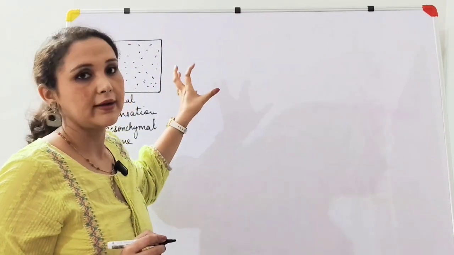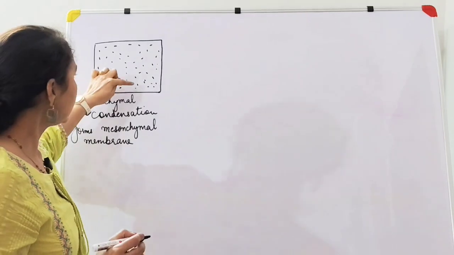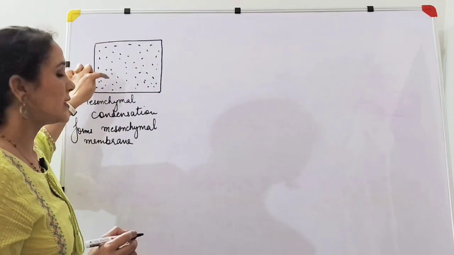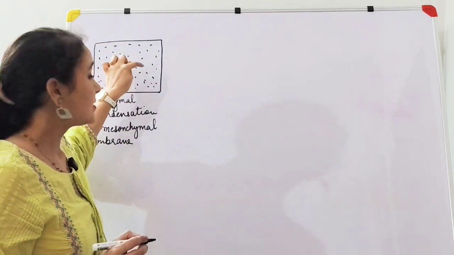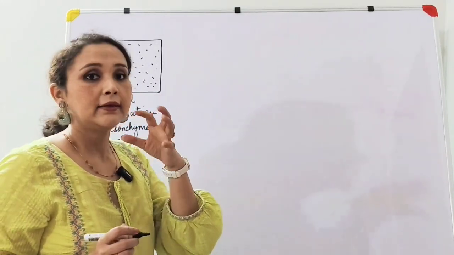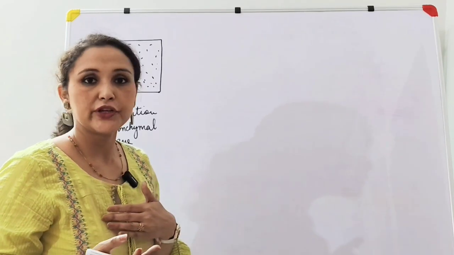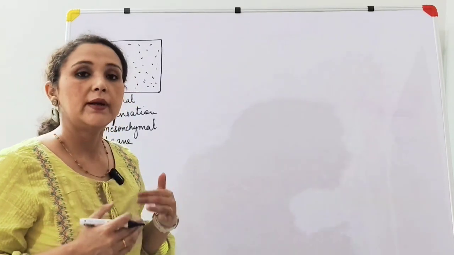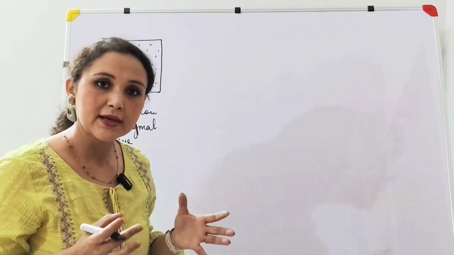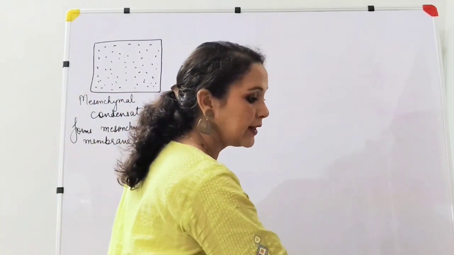Now how will the cartilage form? This is the mesenchymal membrane formed. Now in the area where the bone is going to form, that means the outline of the bone is going to form, what will happen? The mesenchymal cells there, they have the capacity to differentiate into any kind of cell. So they will differentiate into chondroblasts, and those chondroblasts will lay down the cartilage.